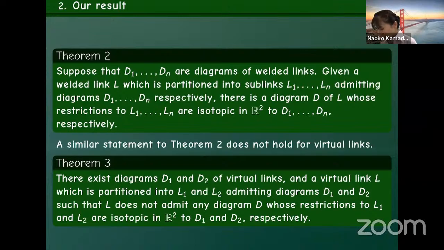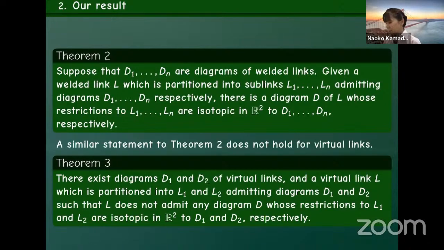Given a welded link L, which is partitioned into sublinks L1, ..., Ln, admitting diagrams D1, ..., Dn, respectively, there is a diagram D of L whose restrictions to L1, ..., Ln are isotopic in R2 to D1, ..., Dn, respectively.